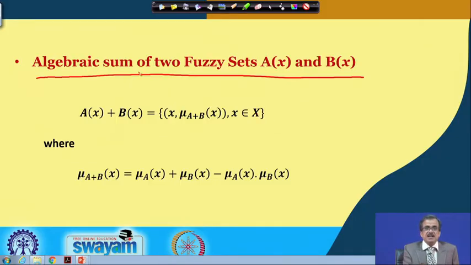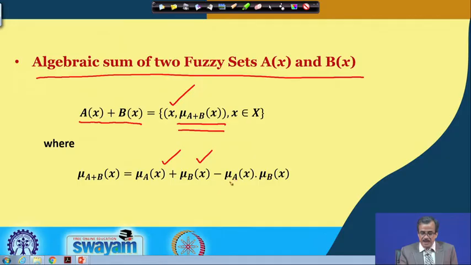So, their algebraic sum A x plus B x is nothing but x, such that it has got the membership value mu A plus B x, and x belongs to capital X, where mu A plus B x is nothing but mu A x plus mu B x minus mu A x multiplied by mu B x.